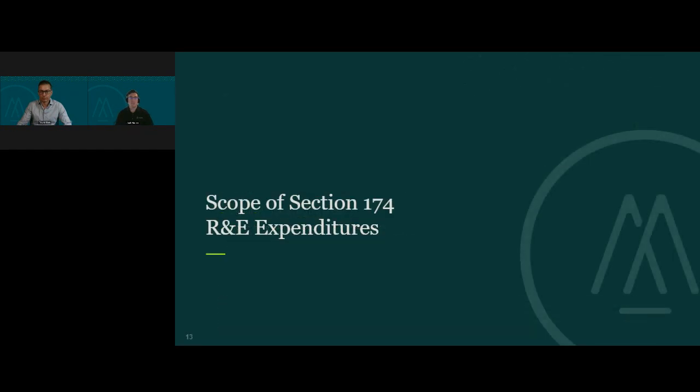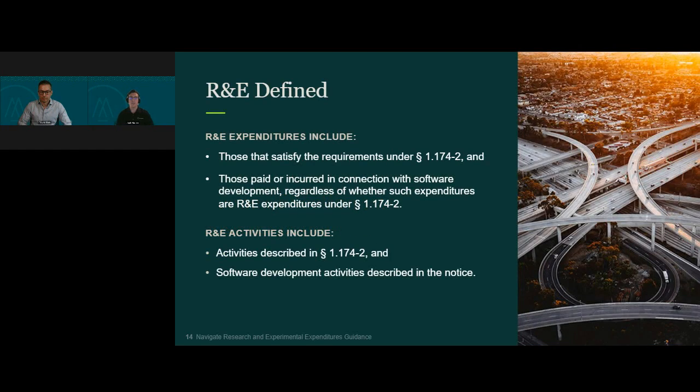So now let's transition into some of the meatier sections of the guidance, starting with what types of activities and expenditures are considered R&E. So the guidance confirms there's really 2 types of R&E for Section 174.